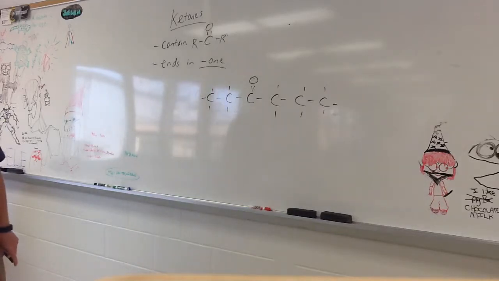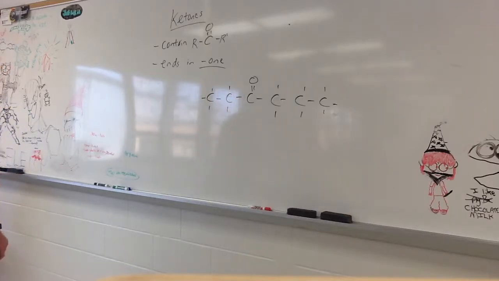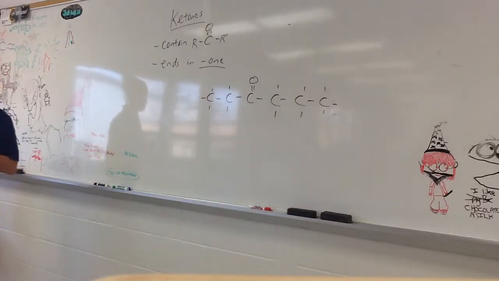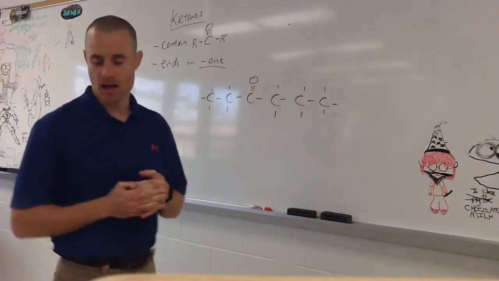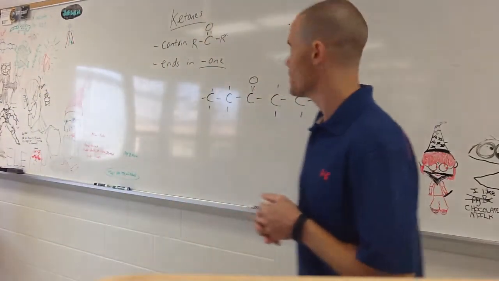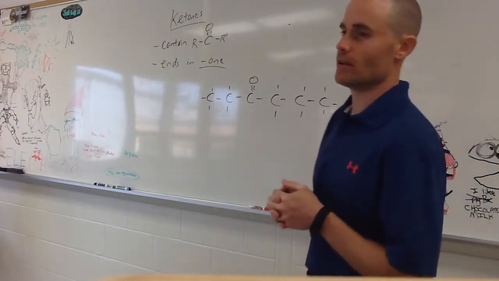What would the name of that structure become? So using the example on table R, you have 2-pentanone as the example. There's the one I drew. What do you think the name of this structure is going to be?